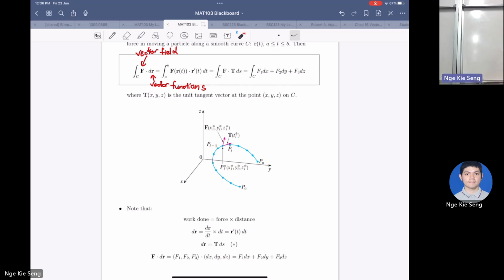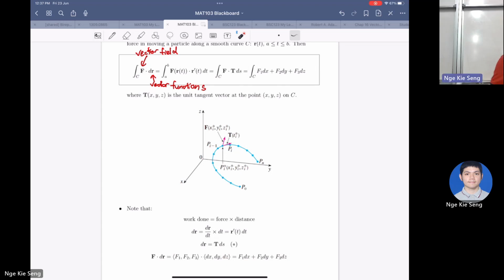You can use a dot product or a vector product, like the cross product, right? So here we use the dot product. When you dot two vectors together, what do you get? What value, what object do you get? Yes, you get a number.